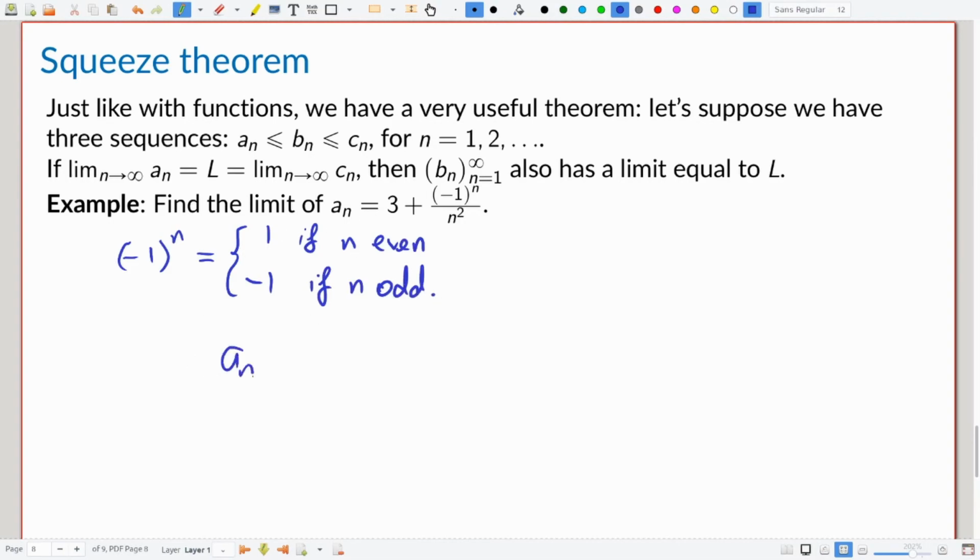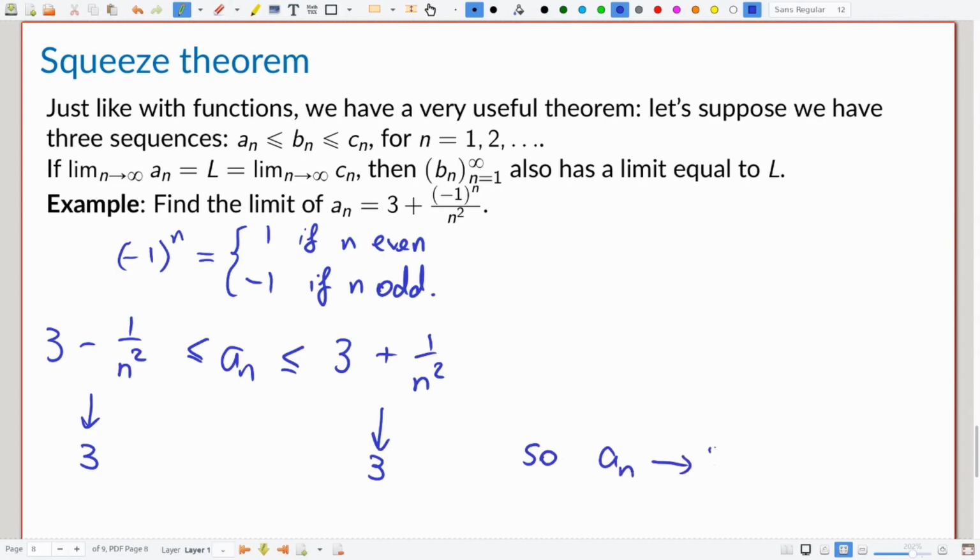So this means that an, as I've given it to us, is sandwiched between 3 plus 1 over n squared and 3 minus 1 over n squared. Now the left term goes to 3, the right term goes to 3, so an is also forced to go to 3 by the squeeze theorem. And that's an example of this squeeze theorem.